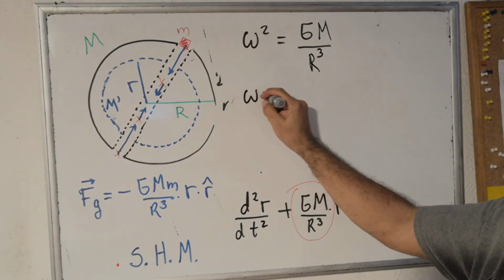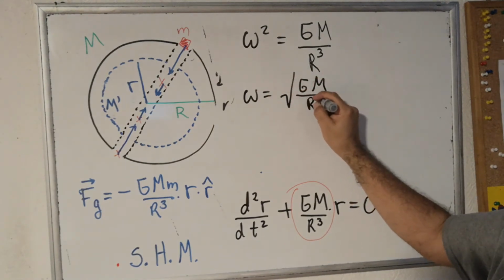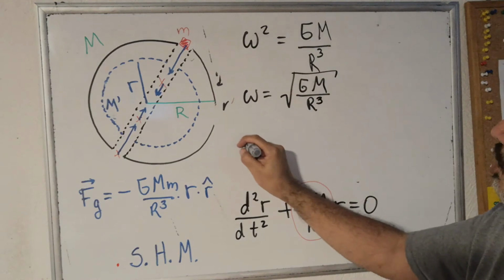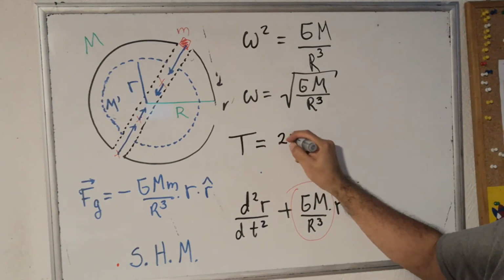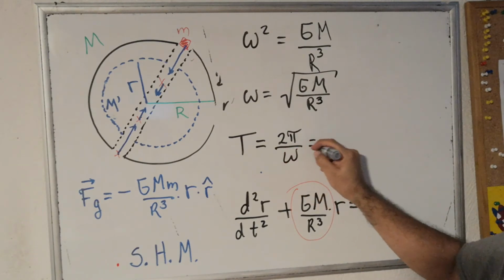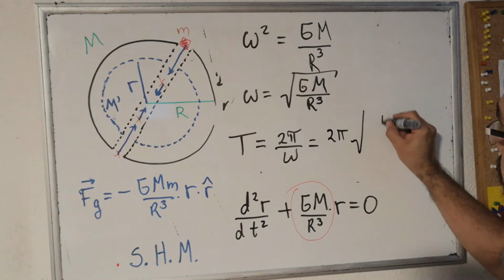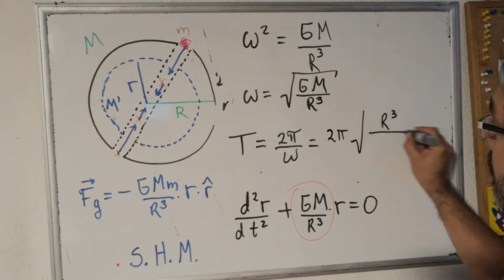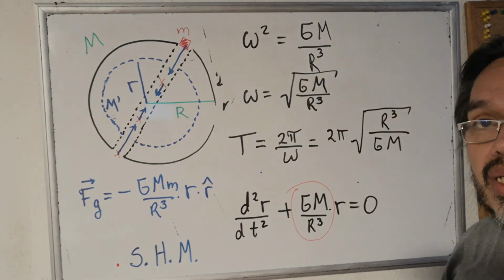Therefore, omega is the square root of that. And if you remember from your last unit, the period should be equal to 2 pi over omega, which is the same as 2 pi square root of the radius of the earth cubed divided by GM.